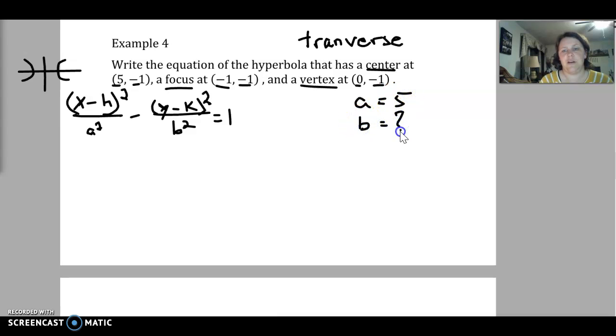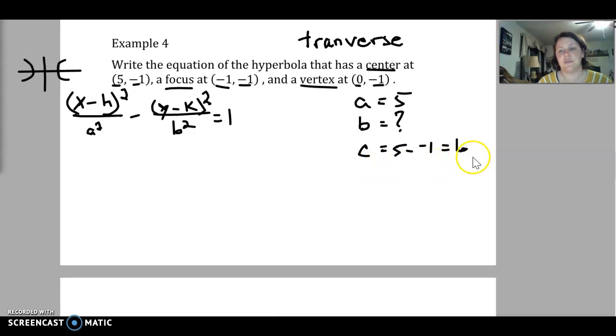B, we do not know, and they have not given us any information to find b yet. C, the y's are the same from the center to the focus, but the x's change, so it's the x's that we want to look at. So 5 minus negative 1 is where we're going to get c from. 5 minus negative 1 is equal to 6.